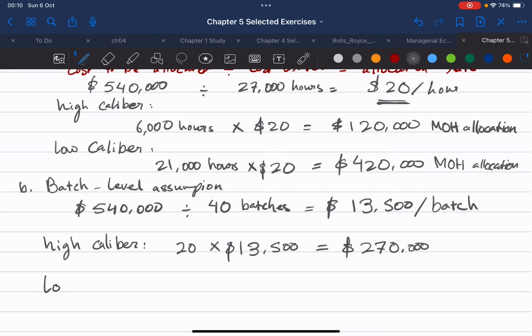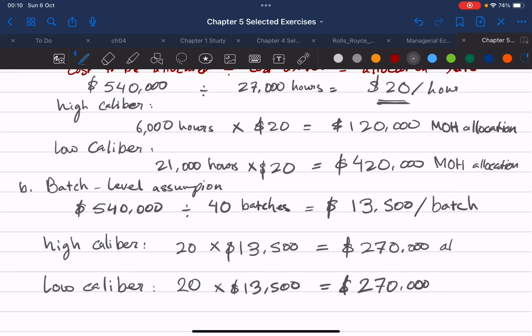And for low caliber, same thing, because it also has 20 batches multiplied by 13,500 equals, and of course, without using the calculator, it's going to be the same amount.